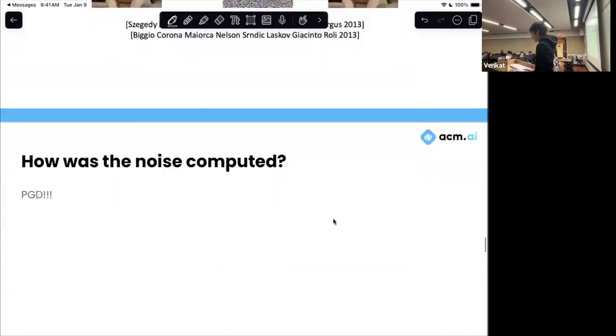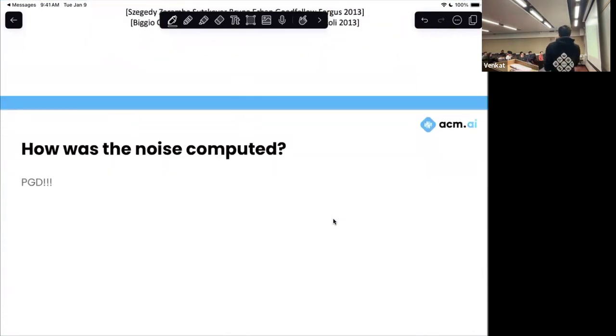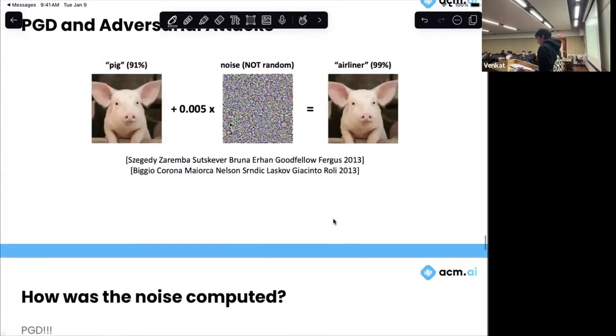But basically, how is the noise computed? When we're thinking about this problem, we want to figure out what this noise is, and we want to add this noise to an existing image, but keep the image within a certain bound, right? Obviously, if I added a bunch of noise to this pig and made it look like an airplane, that's not an adversarial attack. So what we're actually doing is a constrained optimization problem, whether you realize it now or not.